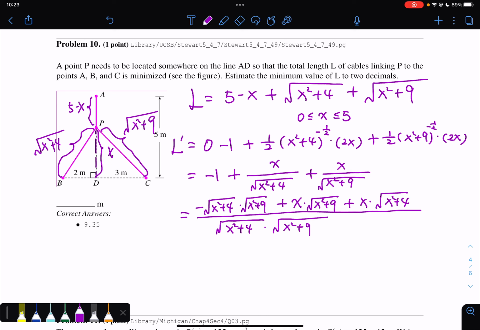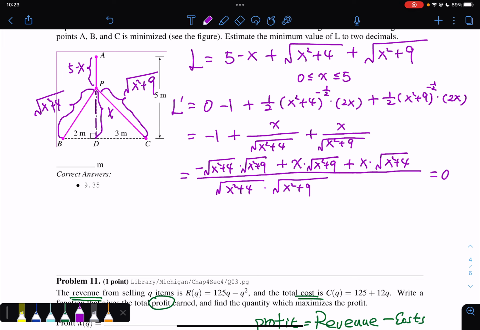And then I'm going to try to find out when this derivative is exactly 0. So I will need my numerator to be 0. For my numerator to be 0, I have negative square root of x squared plus 4 times square root of x squared plus 9, plus x times square root of x squared plus 9, plus x times square root of x squared plus 4 equals 0.